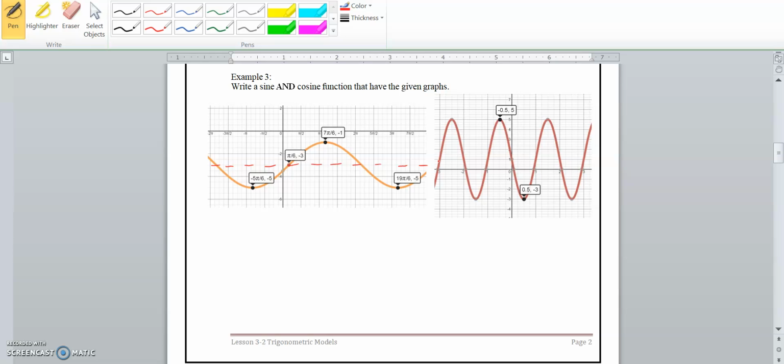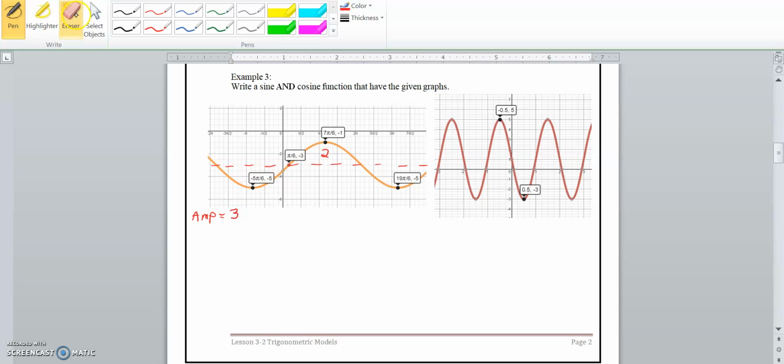Starting with amplitude, what do we see? The midline of our graph, whether it's sine or cosine, is down here at -3. If we trace the peak across, the peak is at -1. So the distance between peak and median is 2. So our amplitude is just 2.